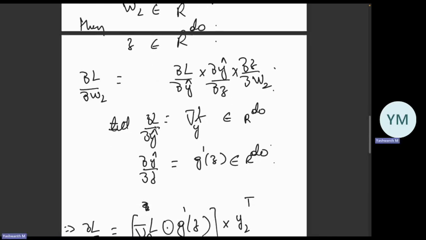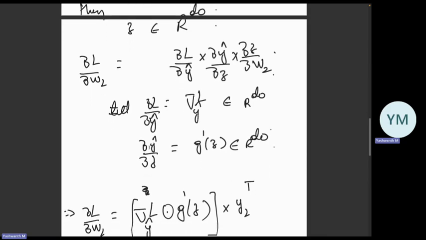For simplicity, we denote dou L by dou Y hat, the gradient of L with respect to Y hat. Remember, the dimension of Y hat is D0, as Y hat is obtained from Z, and Z and Y hat have similar dimensions. Finally, dou Y hat by dou Z is nothing but the gradient of G with respect to Z, but G can be softmax or any other function depending upon the application, whether regression or classification. Classification tasks typically have softmax.